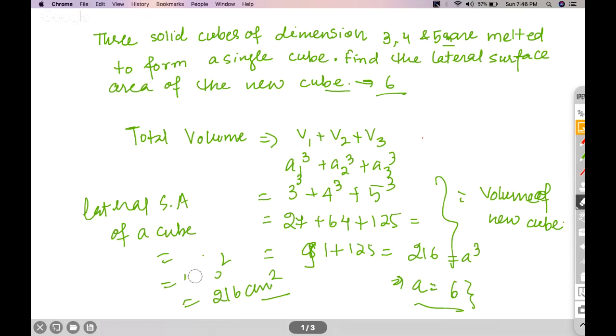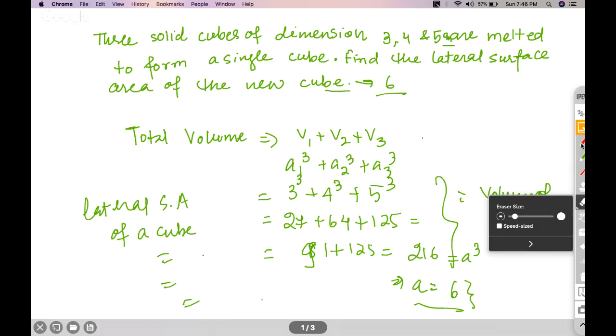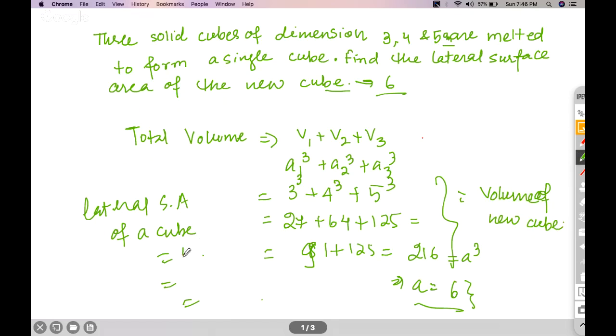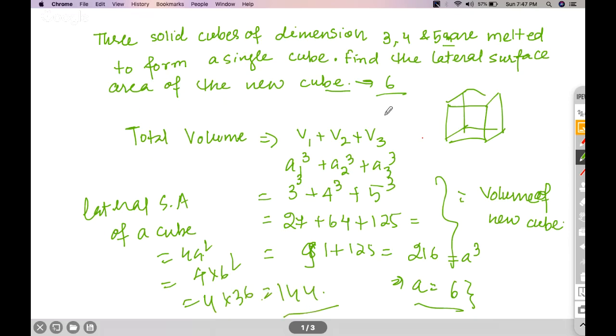So that will be 4a square. Why? Because only four sides would be taken in a cube. So 4a square means 4 into 6 square, which becomes 4 into 36, which will be 144. So this is your answer.